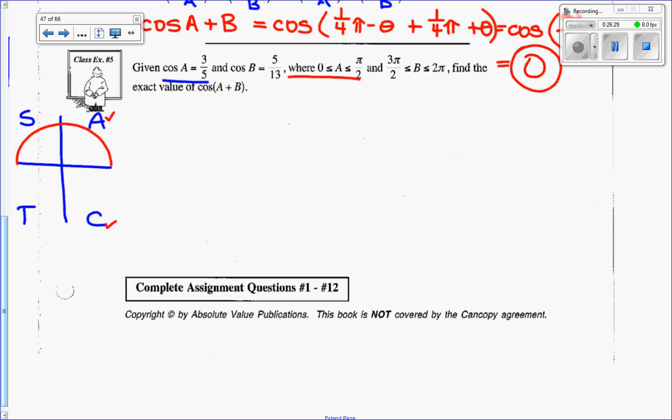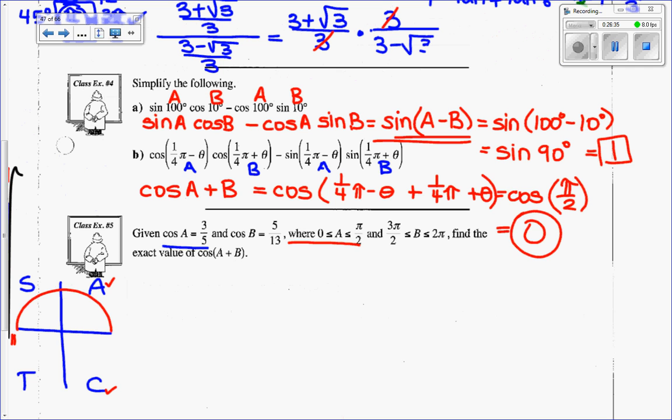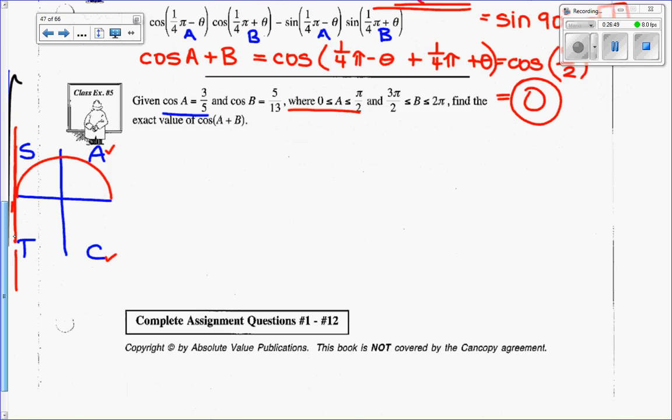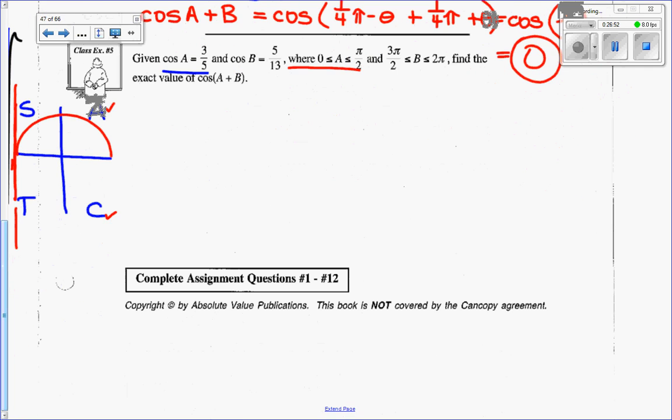So it's not that whole first half, it's just to there, right?